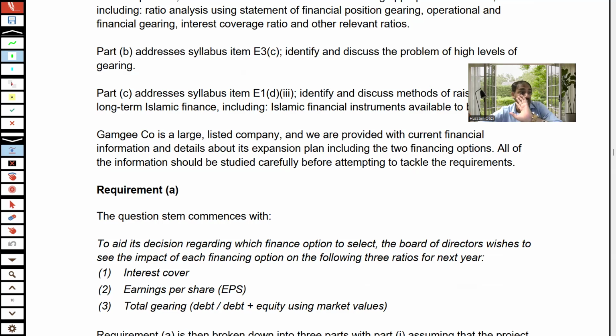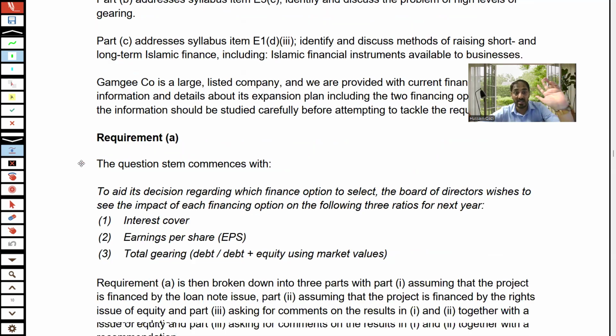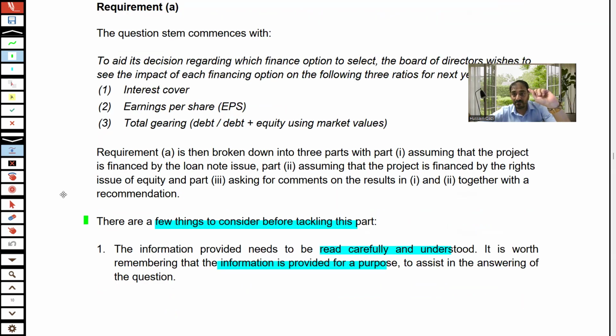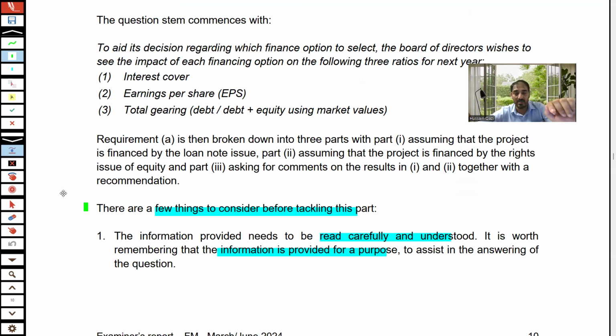First of all, we will not read the 100% examiner report, but just the highlighted main points. The purpose to refer to this particular examiner report is that you have to be aware of the psychology of the examining team, number one, and identify the do's and don'ts.